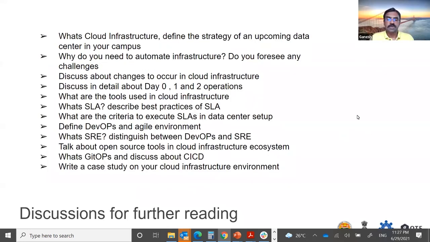Pretty good, Prakash. So this is exactly one of the thought processes for further discussions, and for further reading by the teaching faculty. What I put together for your own benefit is some questions related to cloud infrastructure, day 1 to operations, what could be the SLA, the topics which you covered.